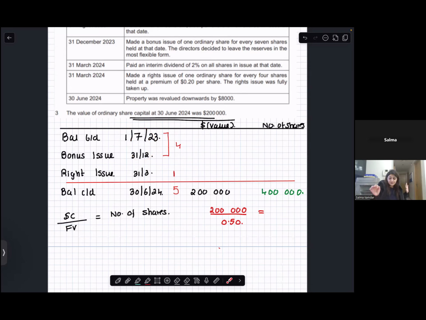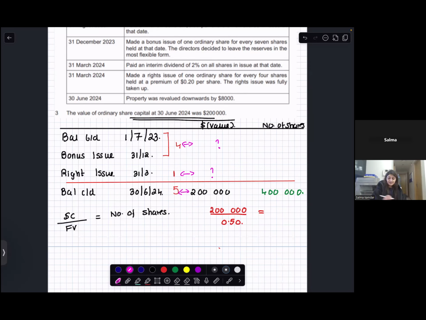Yeah? So that means I am giving a right issue of 1 share. For 4 held, my total becomes 5. If 5 represents 200,000 in dollar value, what would be my right issue? What would be the number of shares held, including bonus and right? How would I find it? Can you tell me?